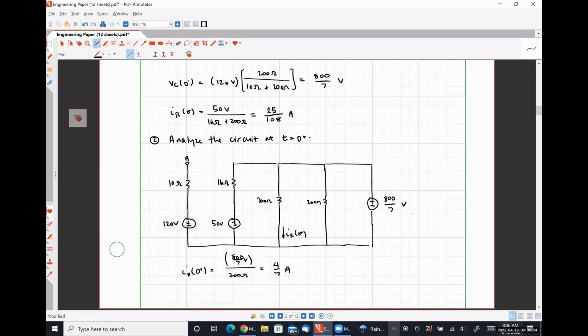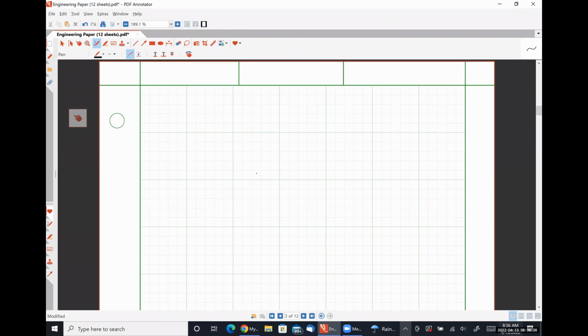So in analyzing the circuit at T is equal to infinity, we're going to have, again, the exact same drawing as we had at 0 plus, except we replace the capacitor with an open circuit because that's its DC circuit equivalent.